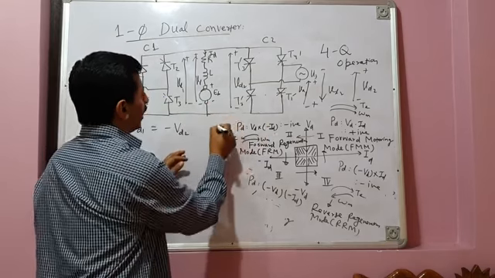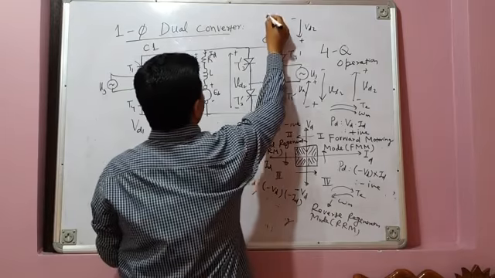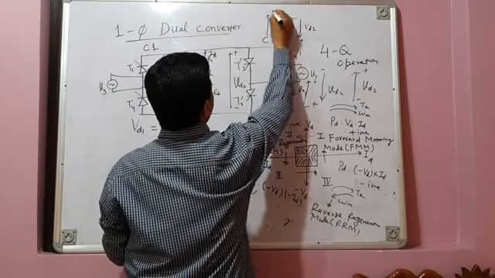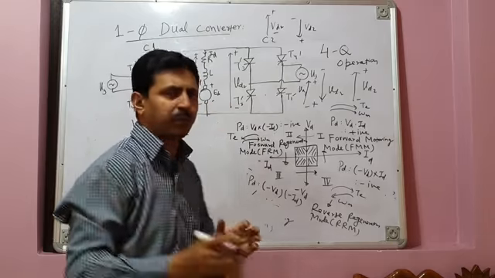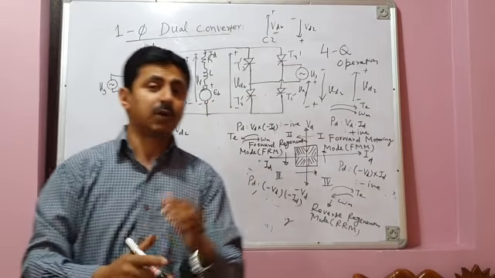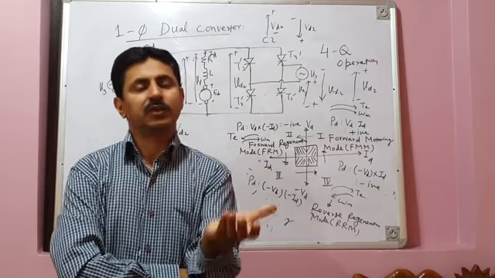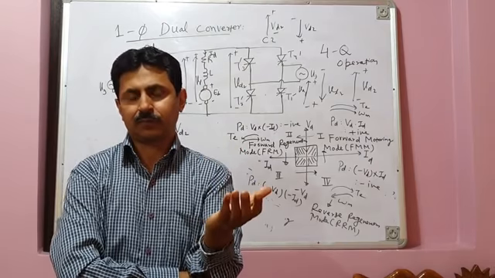And if this also is operating in the rectification mode, its output voltage VD2 also will be positive, but the polarity will be like this. But what should be our polarity? It should be just the reverse of this. So our polarity of VD2 should be the same as that of VD1. That means your converter C2 has to operate in the inversion mode of operation, and in the inversion mode of operation, we know that the converter average output voltage is taken as negative. It is considered as negative voltage.